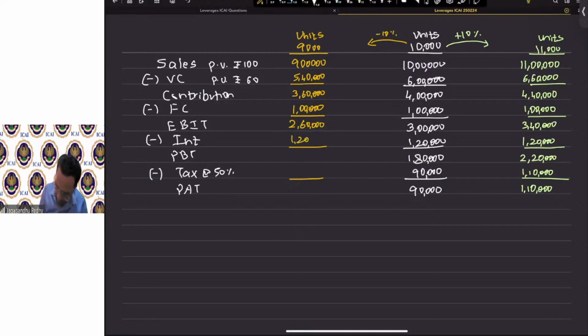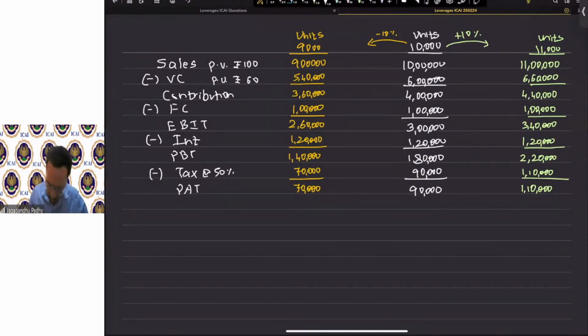Interest will be 1 lakh 20,000. PBT will be 1 lakh 40,000. Tax at the rate of 50% will amount to 70,000. Profit after tax is 70,000. I hope you have got this. So 1 lakh 10,000 profit in the increased case and 70,000 profit in the decreased case.